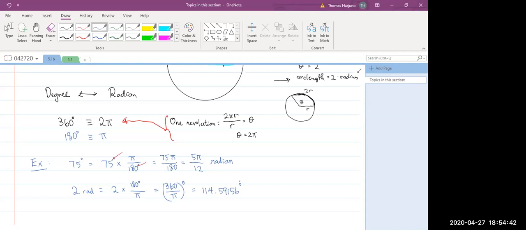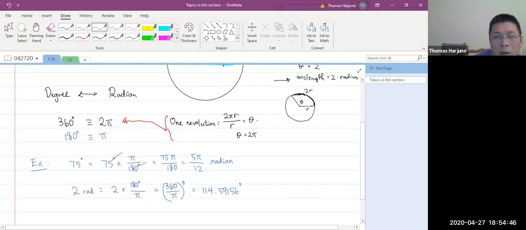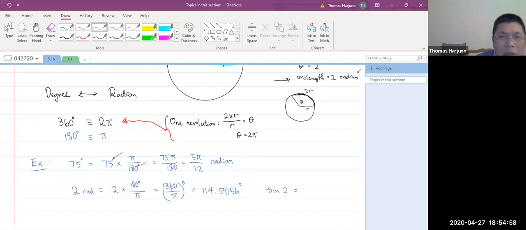Thank you. But if you want to compute, for example, what is sine 2, you see that I don't use the degree sign. If I don't use the degree sign, then it must be in radian. Then how to compute this? Let me show you my calculator.